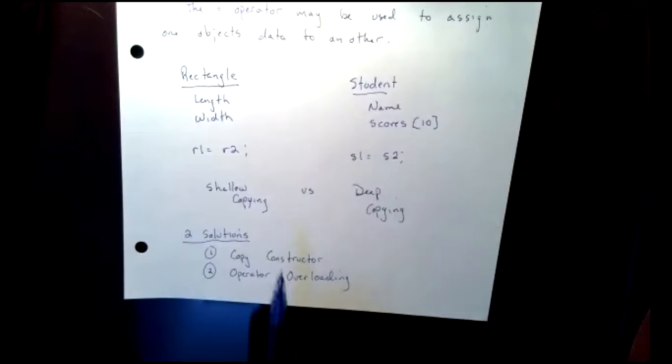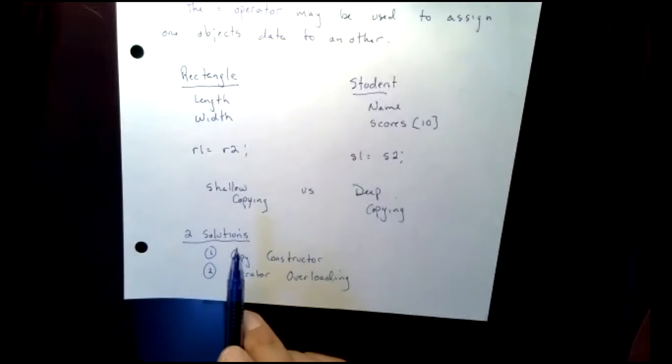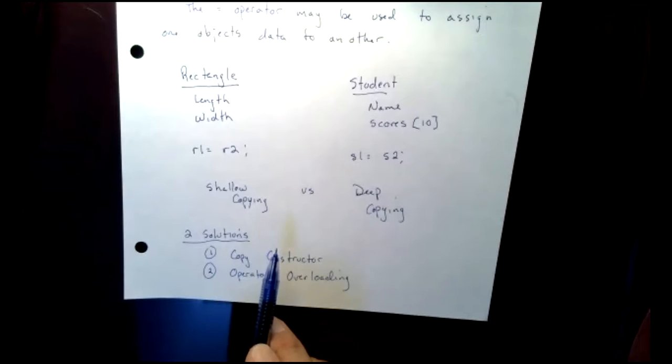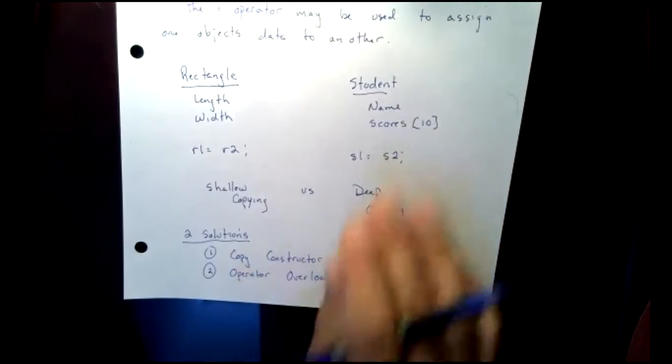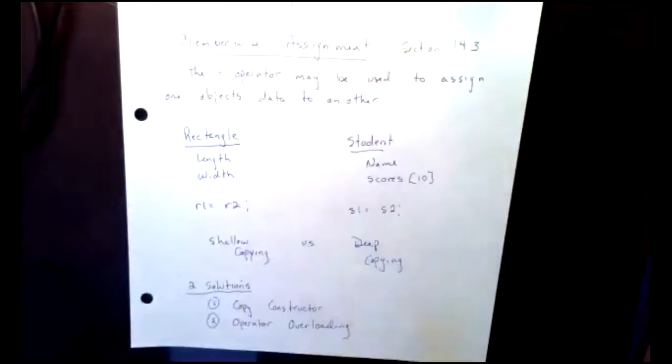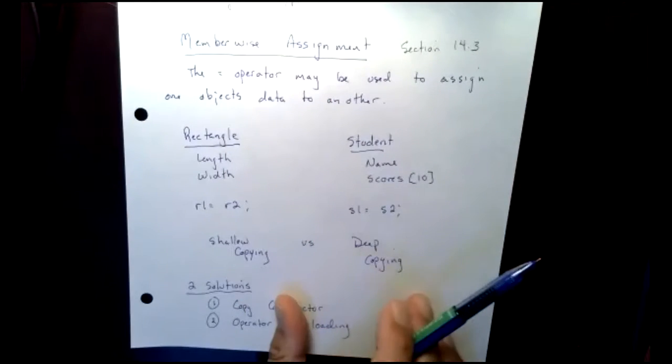And there's going to be two solutions for this. The first solution is something called a copy constructor. The second solution is going to be operator overloading. And some of you got operator overloading in 121, some of you didn't.